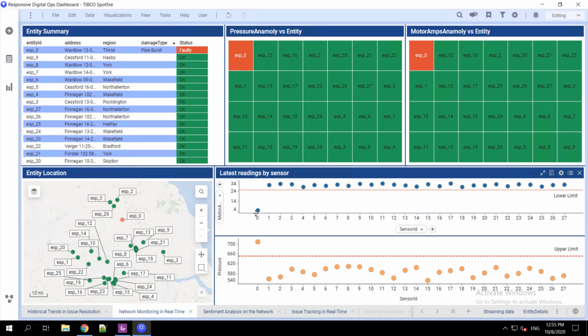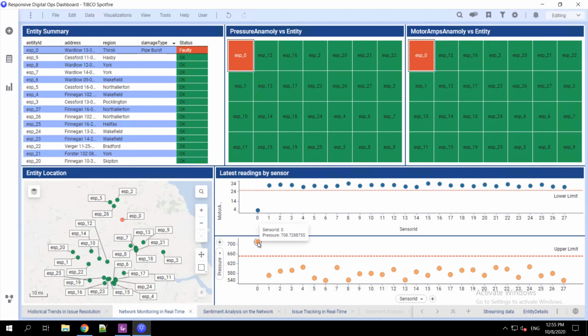What we are looking at right now is the latest sensor reading. You can see that sensor readings are moving. This is the lower limit for motor amps that we have defined, and for sensor 0 it has come below the lower limit. Similarly, the pressure for sensor 0 has gone above the upper pressure limit.